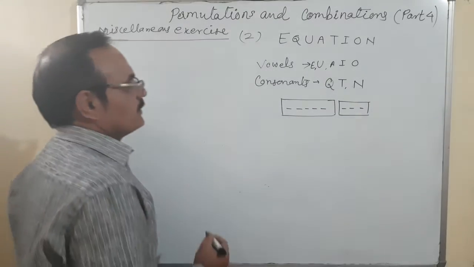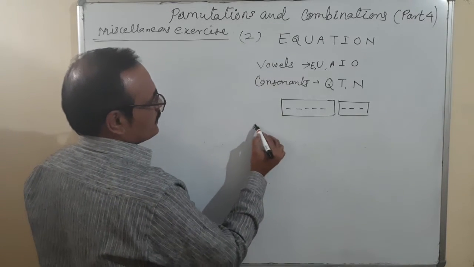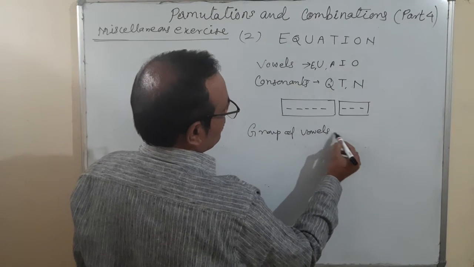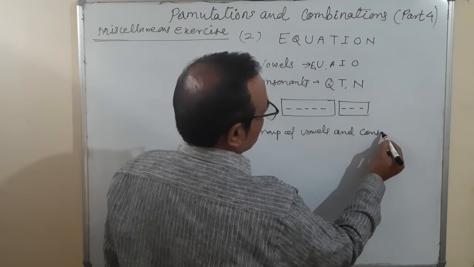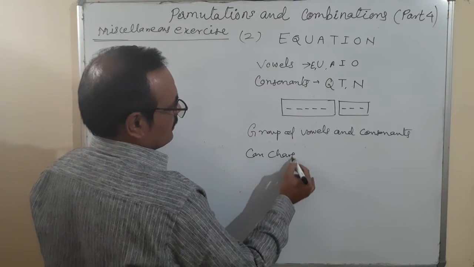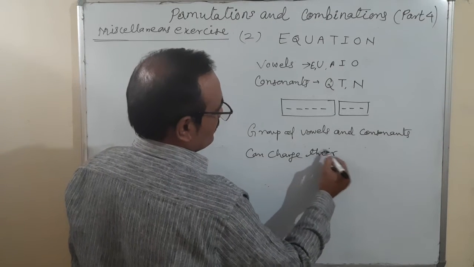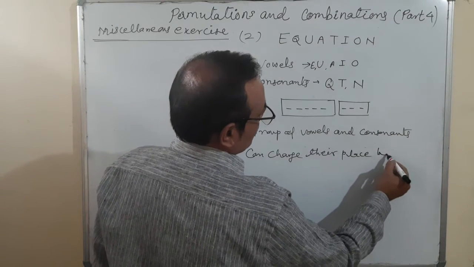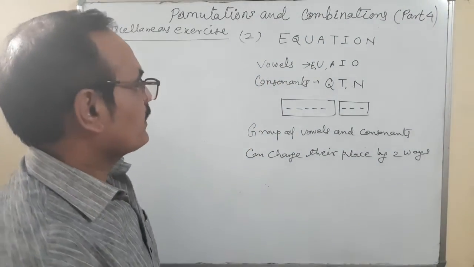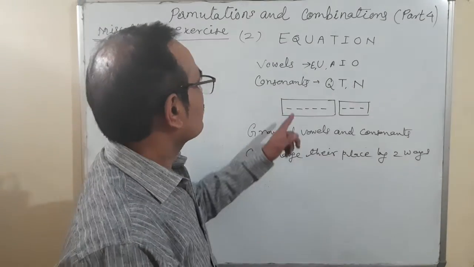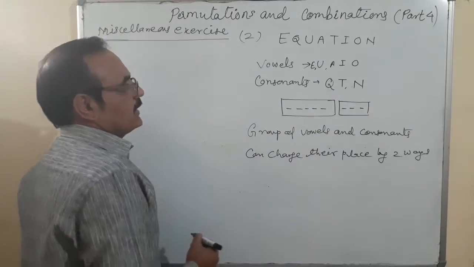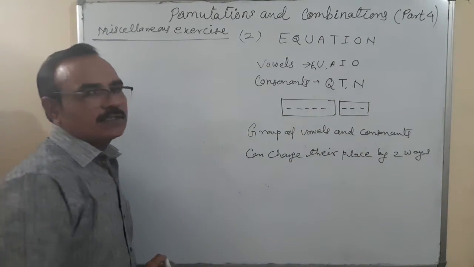So the group of vowels and consonants can change their places in 2 ways. And after that, these 5 vowels can be arranged in 5 factorial ways, and 3 consonants can be arranged in 3 factorial ways.